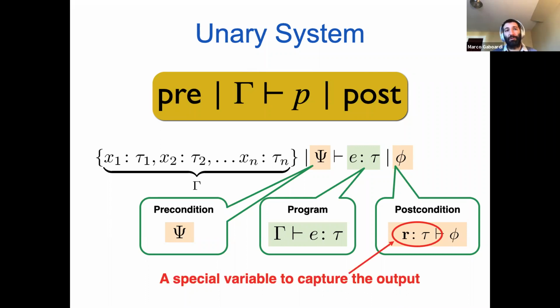And then we have a postcondition, and in this postcondition, there is a special variable R of type tau, which captures the output. So R in phi stands for the result of evaluating E.